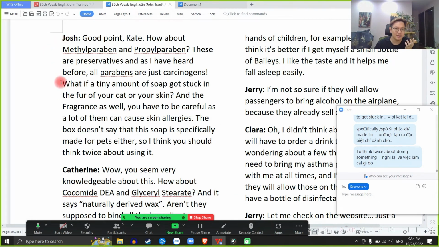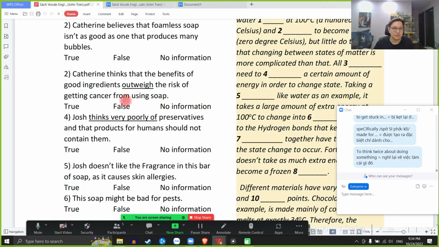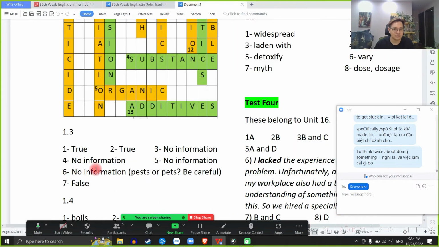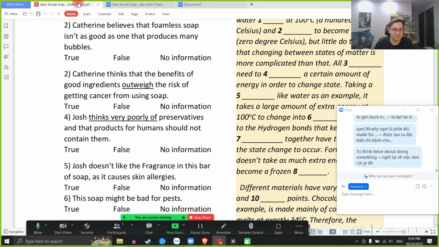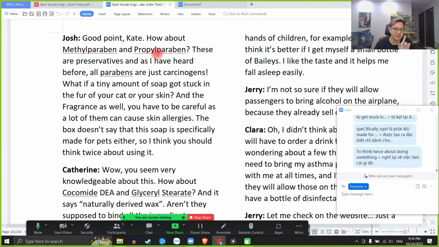So most of them, Josh talked very badly about preservatives. So this is true. But why do they say no information here? Look at this one. And that products for humans should not contain them. Look at this one as well.